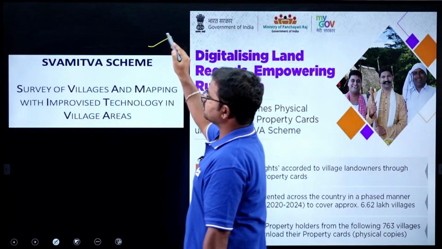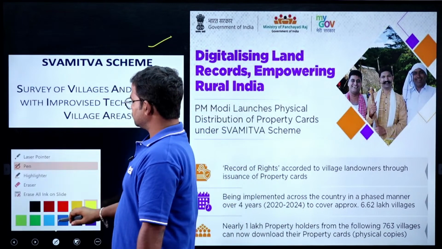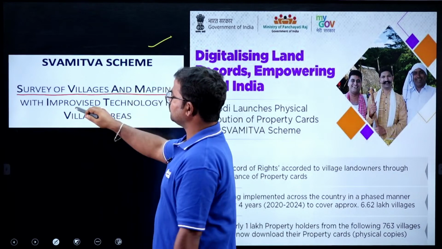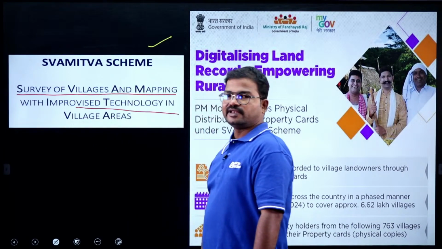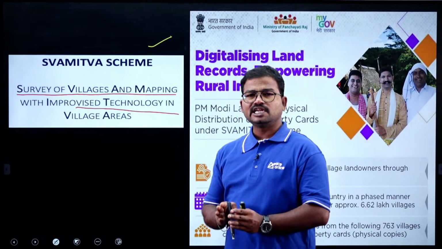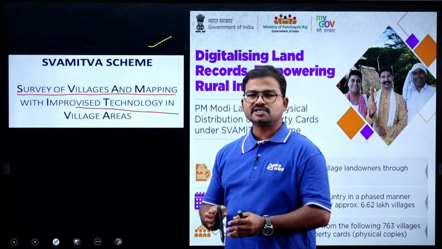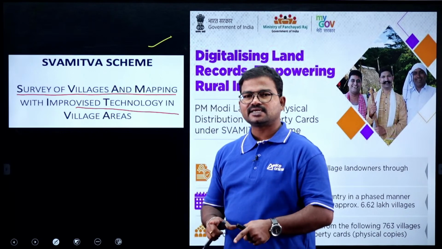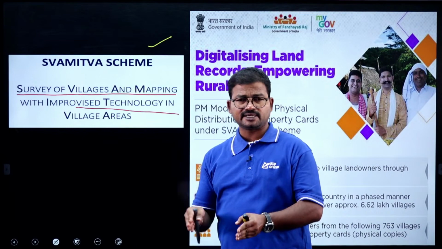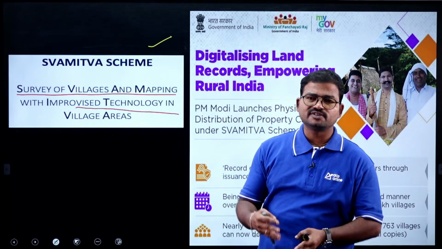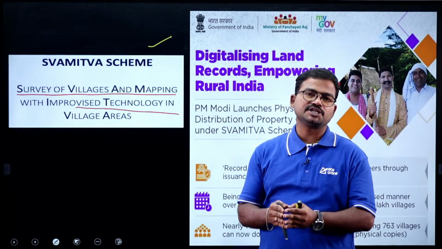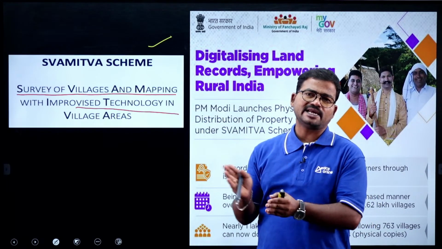So Swamitva stands for Survey of Villages and Mapping with Improvised Technology in Village Areas. Most of the cases in courts are related to land disputes, because we do not have exact land values.